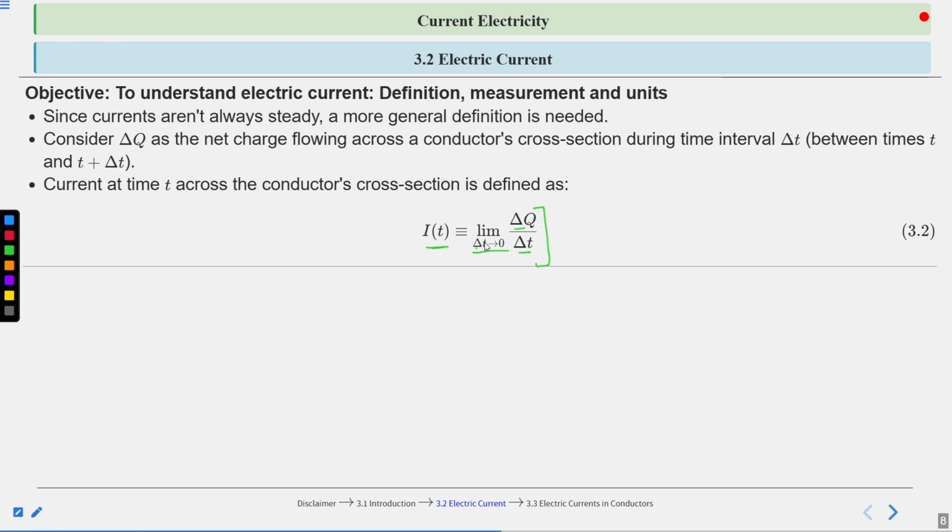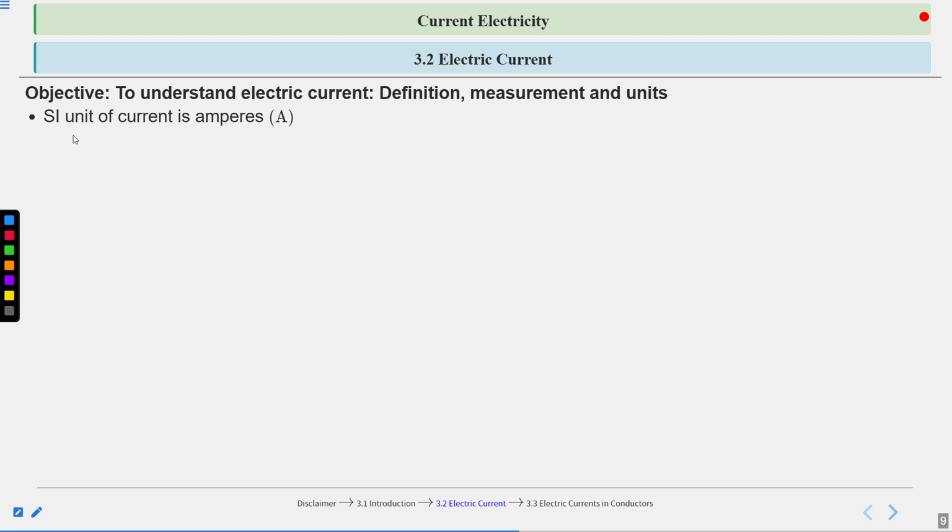So we find I, the current at time t, after putting the limit delta t tends to 0.